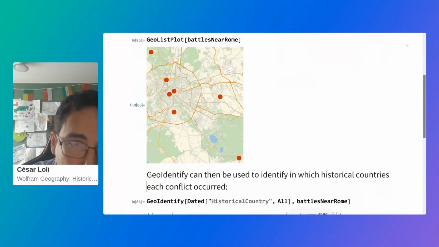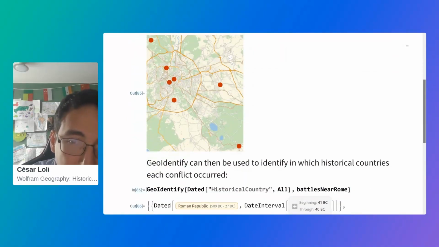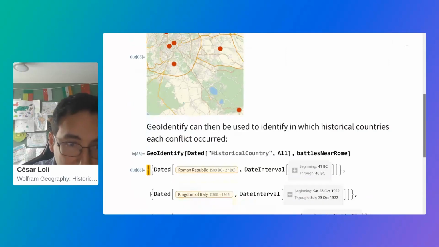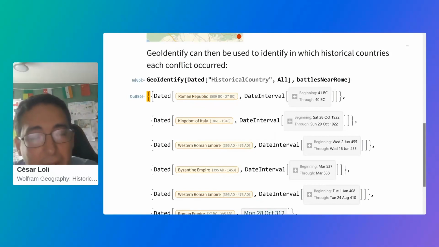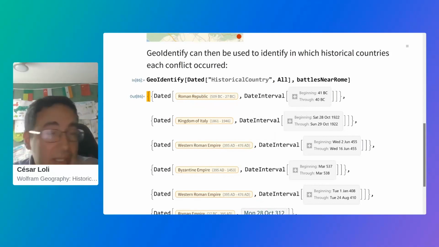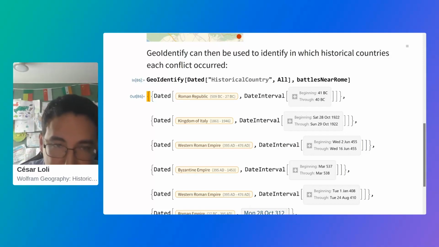But if we use GeoIdentify in order to identify in which historical countries these conflicts occurred, we see here that the entities are matched not only in space, but in time. We are seeing here that each battle is considered not only by its geoposition, but by the start and end date that it happened.